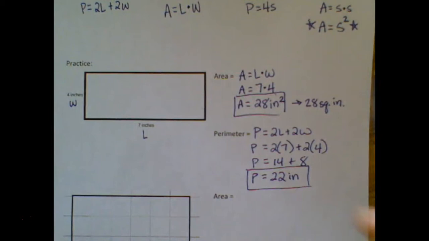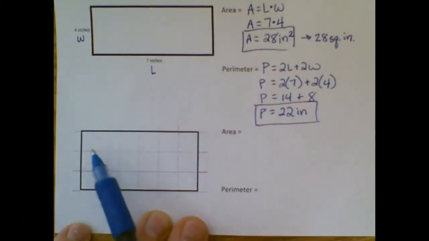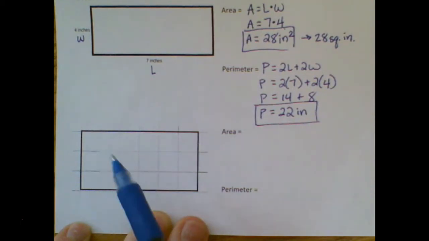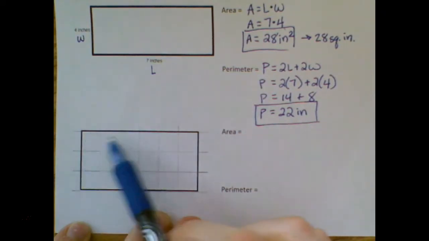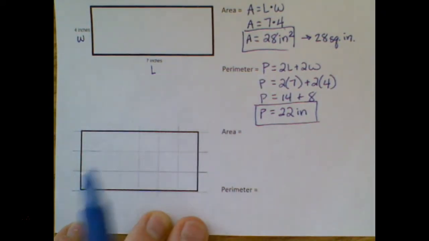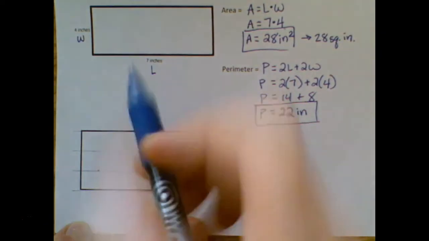All right. For this one, it got a little hard to see with the copies, but you can still see the lines coming down. This one's a little bit different. We don't have a unit given to us. However, we do have these grids that help us figure it out. Going across, I've got 1, 2, 3, 4, 5, 6 units across.